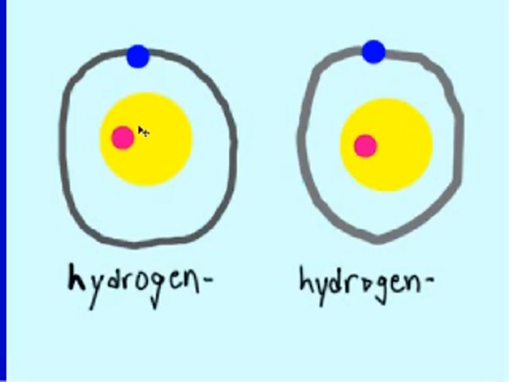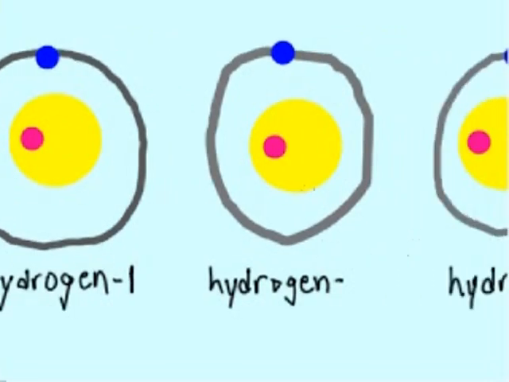Because there's only 1 subatomic particle in the nucleus, it becomes hydrogen 1. The next isotope has 1 proton and 1 neutron, so it has 2 particles in the nucleus, and for that reason we call this hydrogen 2.